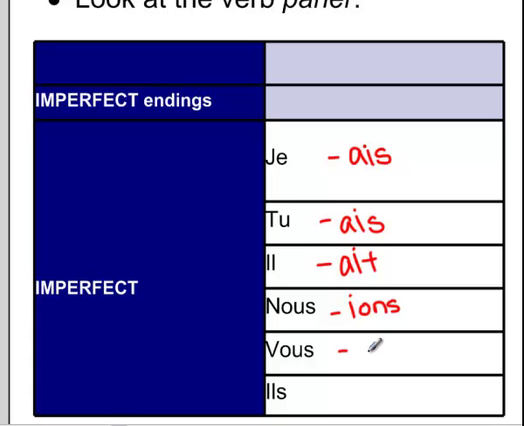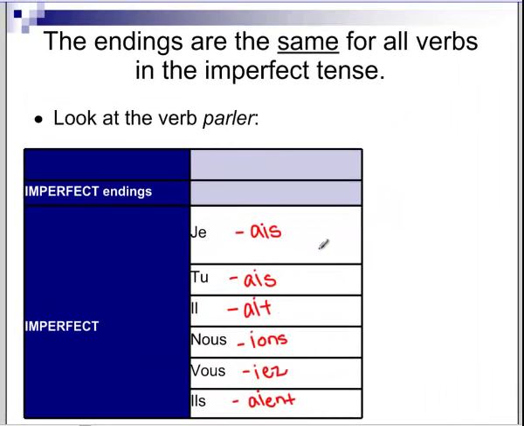The vous form, i-e-z, and the ils and elles plural form, a-i-e-n-t. I might like to point out that all of these endings sound the same except for the nous and the vous forms. So they all are pronounced é, except for ions and iez.